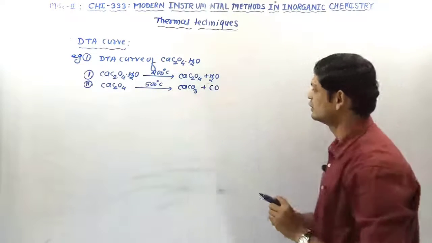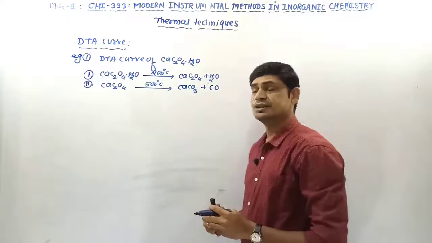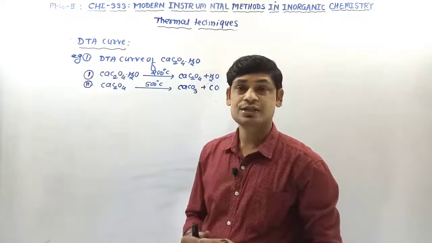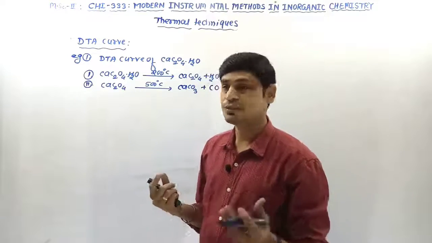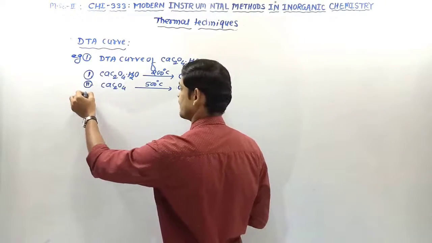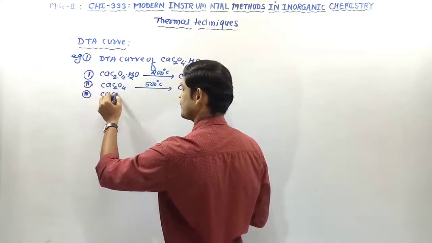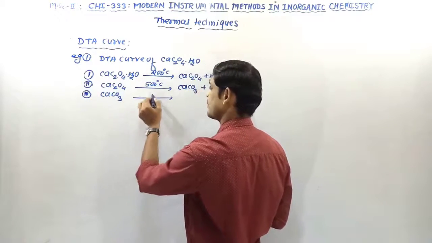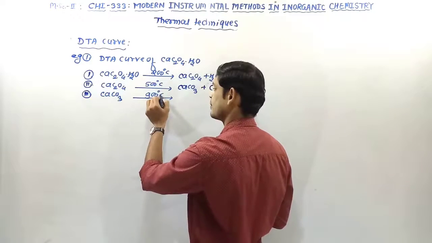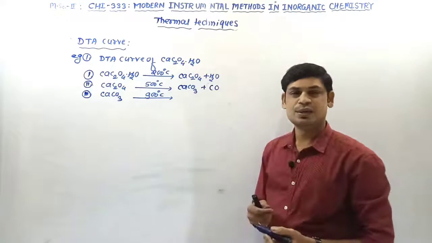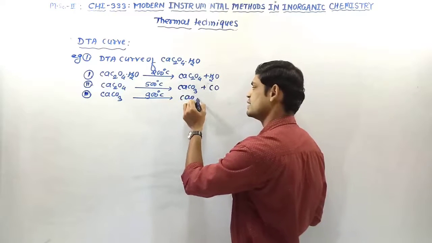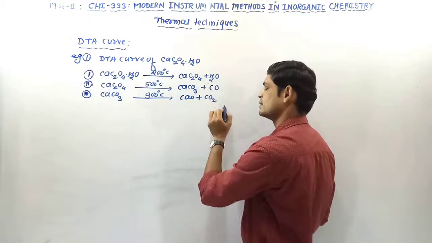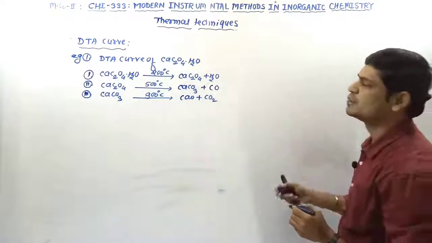CaC2O4. Now in the third reaction, CaCO3 upon further heating decomposes. It takes around 900 degrees Celsius temperature. We will get calcium oxide plus carbon dioxide. So these are the three important reactions.